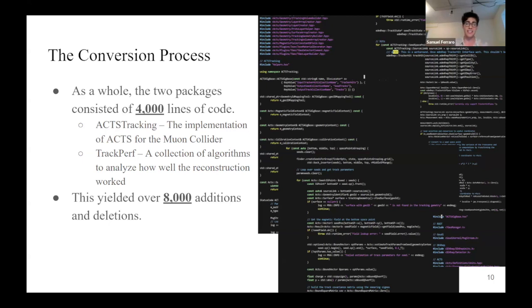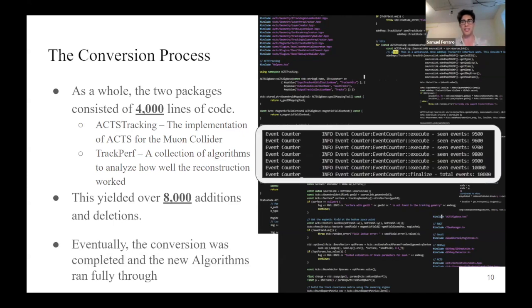That was over 8,000 additions and deletions, and with that many changes, of course, come lots of runtime and compile time errors that were compounded by the dearth of documentation online for Gaudi and EDM4hep. But eventually, after working through all those errors, I got the algorithms to run all the way through and obtained results.